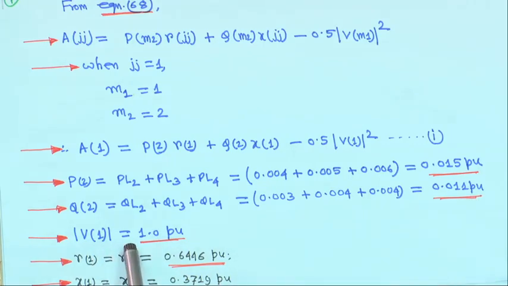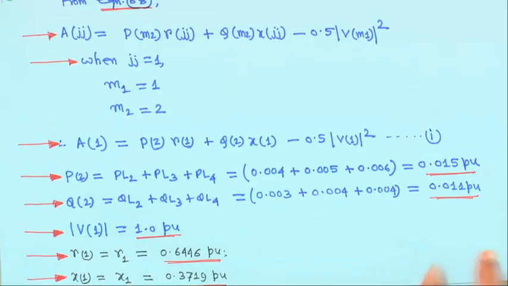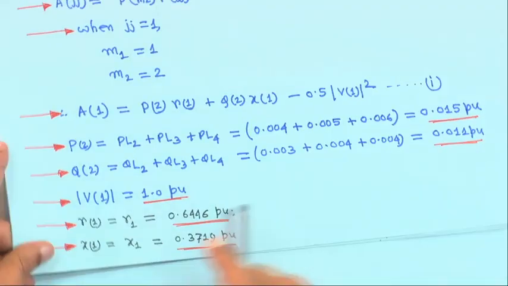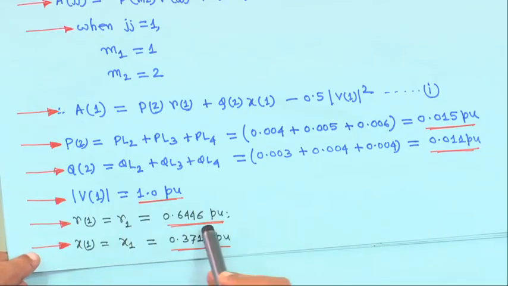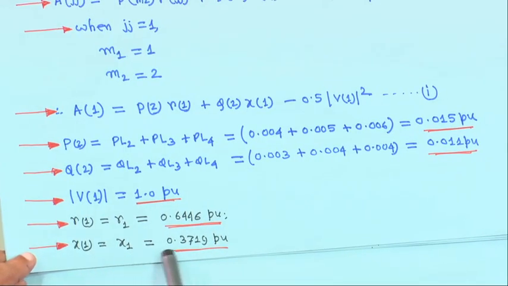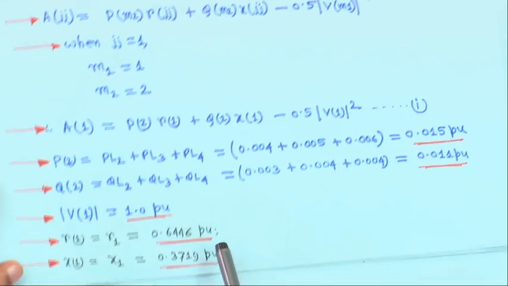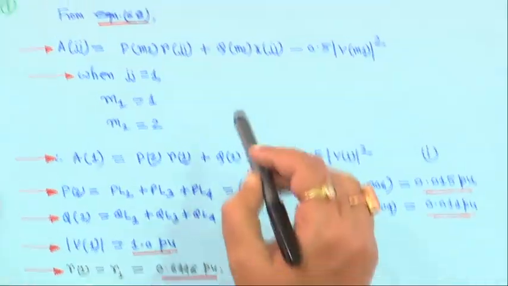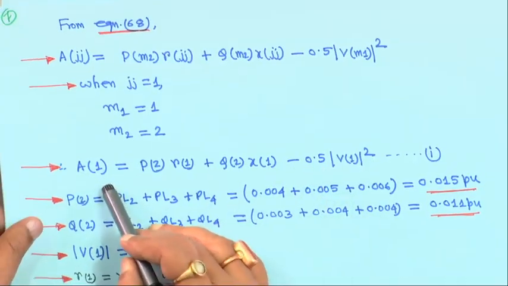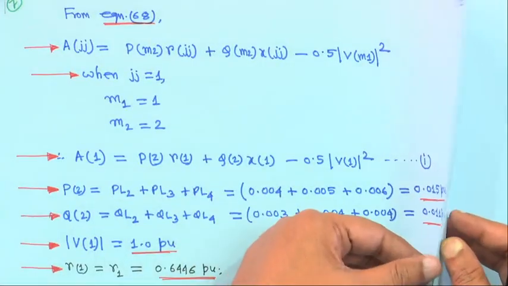Voltage at the substation is known, because it is 1 angle 0. So, magnitude V1 is equal to 1, this is known, right, and R1 is per unit 0.6446 per unit, and X1 is 0.3719 per unit. So, all this data you put in this equation and calculate the value of A1.